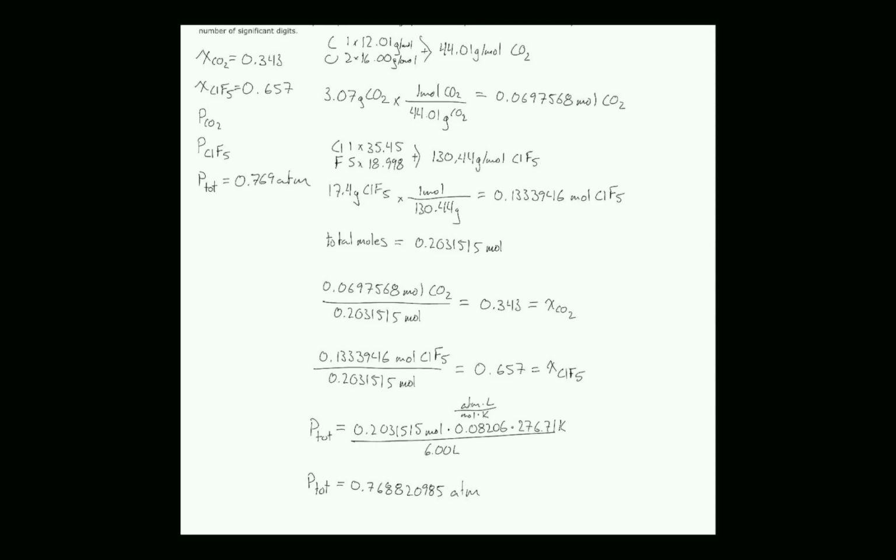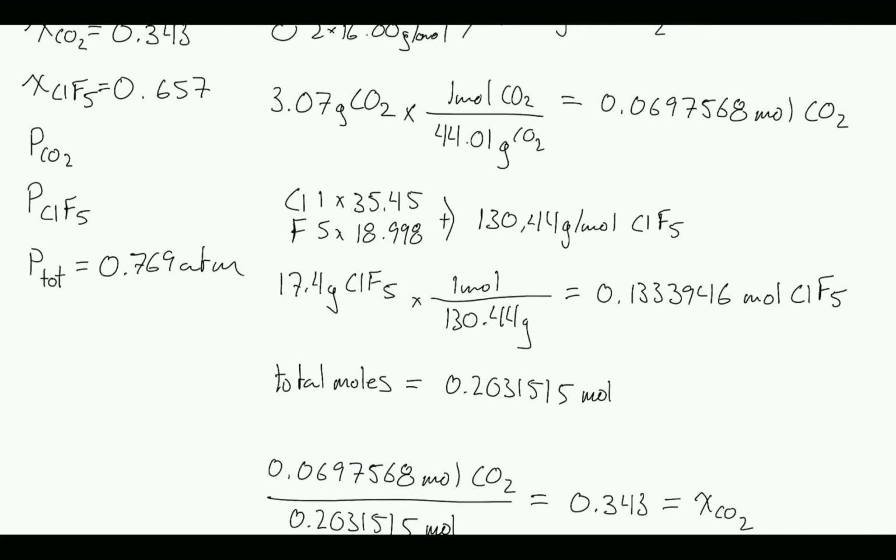What's a faster way that we could calculate the pressures? Close, very close. Multiply it by the pressure total, because the pressure of CO2 is going to be the mole fraction times the total pressure, because the number of moles is what causes that gas to have pressure in the first place.